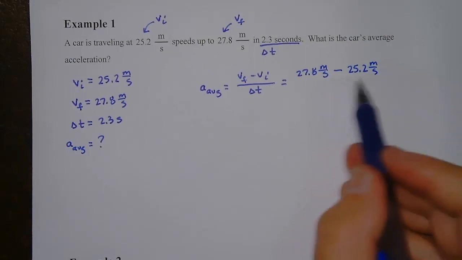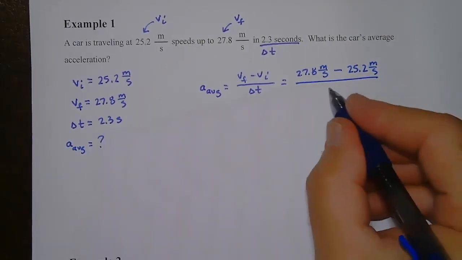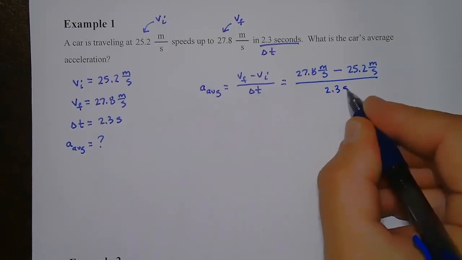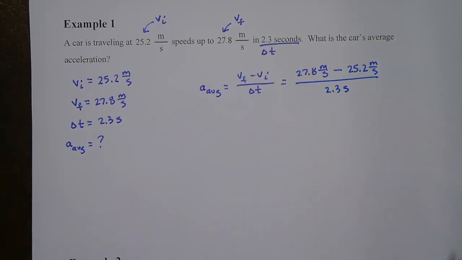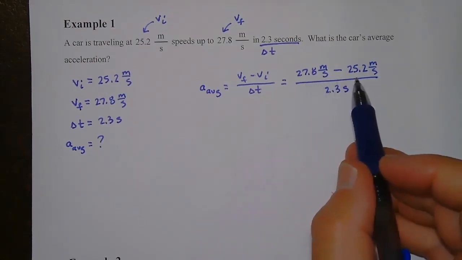And those are the same units, so I can subtract, over 2.3 seconds. And this is also seconds. You've got to realize that if the time units or the distance units don't match, we're going to have to do a conversion. All right, so 27.8 minus 25.2.